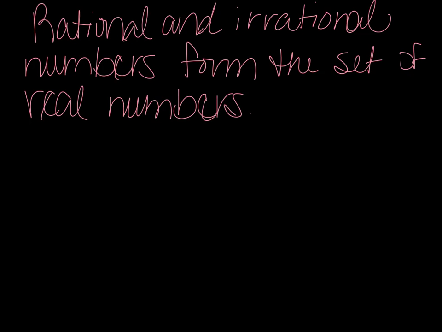So that was my first and opening sentence. This is a math thing, so you could even have included the diagram that we included in your chart, and that's how I'm going to do mine. Rational and irrational numbers, so I'm going to underline rational and irrational, form the set of real numbers. So I'm going to start out with real numbers.